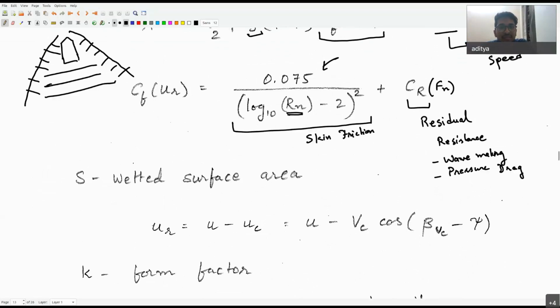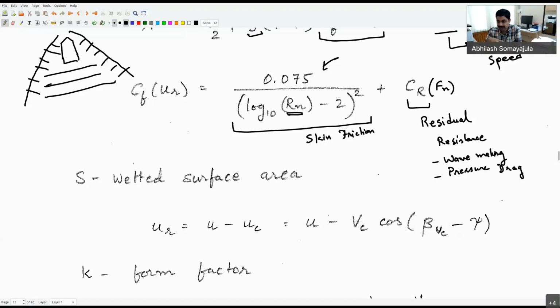Correct. So radiation damping is when I am generating waves with respect to an oscillatory behavior of the motion of the ship. Let's say my ship is moving up and down in heave. It will generate a wave motion, waves which will be propagating outward. Here I am talking about when I'm moving at forward speed, simply just moving forward.